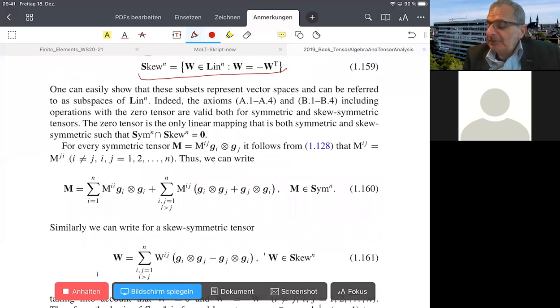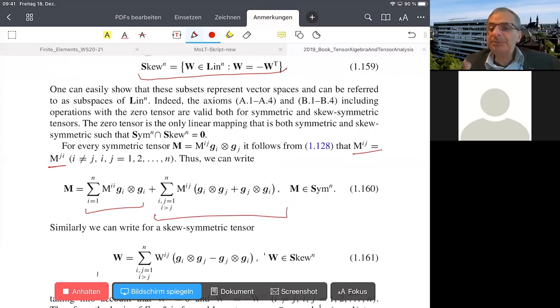And what we did last time, we tried to represent these tensors with respect to a basis. We tried to find a basis and the dimension of the subspace. For the symmetric tensor M, we proved that if we switch the order of indices, the components are the same. That means that there is some symmetry in this matrix, and if we represent this tensor with respect to a basis, we can take separately diagonal terms and non-diagonal terms, but only one time, either above this diagonal or below, right?